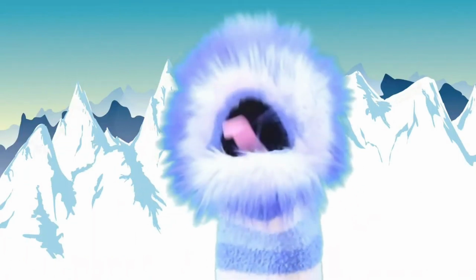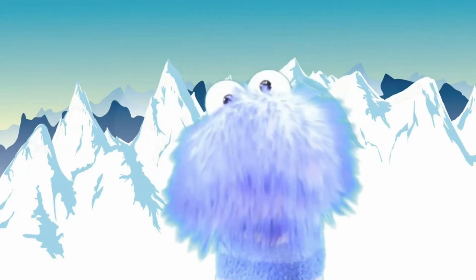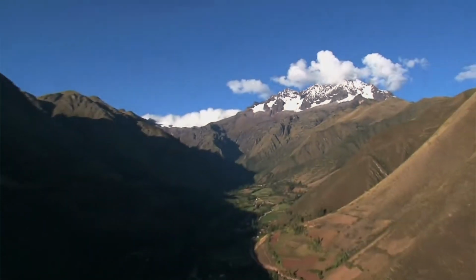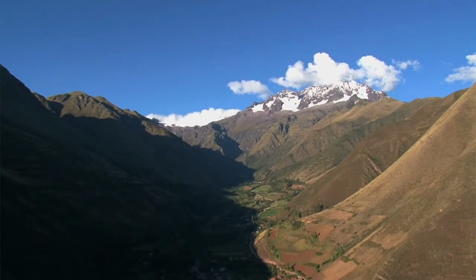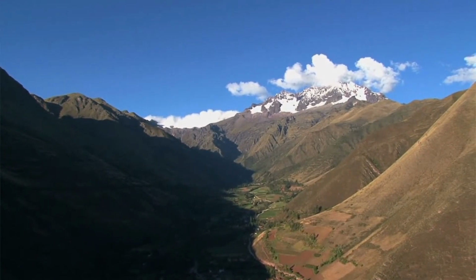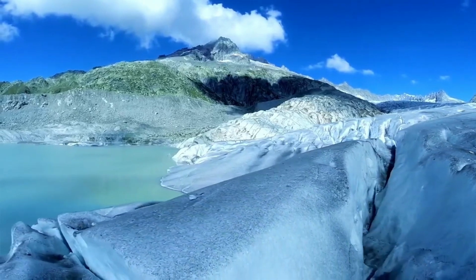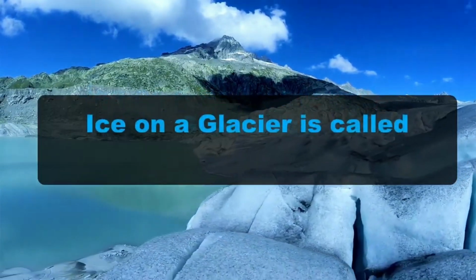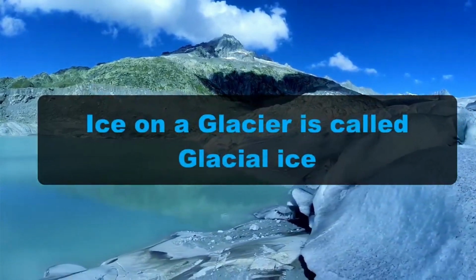There are also smaller glaciers in the Rocky Mountains of North America, as well as in the European Alps, the Andes of South America, and even at some mountainous points along the equator. We've talked about how there's ice on a glacier. Well, that ice is called glacial ice.